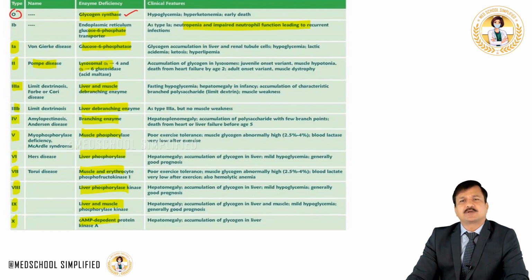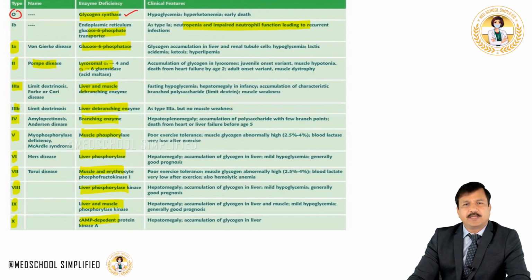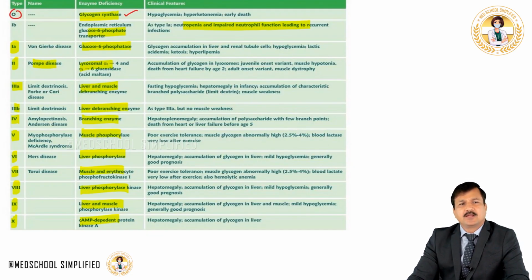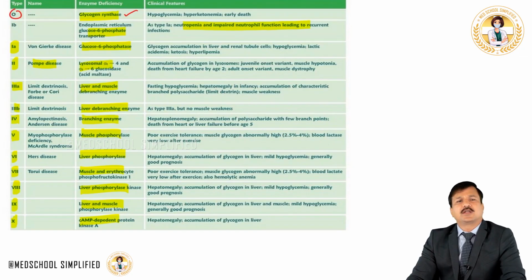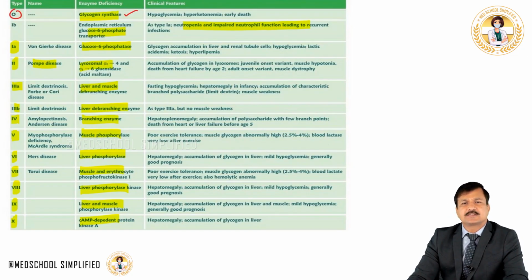And then we start from type 1A and type 1B. Type 1A is von Gierke disease; type 1B, although the name is not given, is a variant of that disease because of deficiency of the glucose 6-phosphatase transporter. Then type 2 is Pompe disease, type 3 is Cori's disease, again divided into type 3A and B depending on where exactly the enzyme deficiency is found.